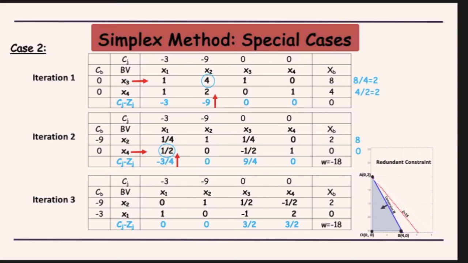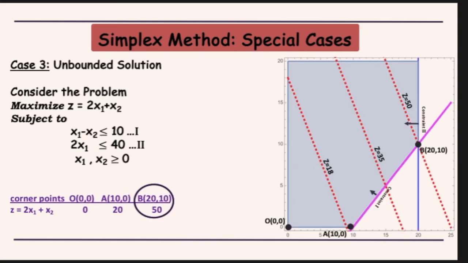Now I'll move on to the third case, which is a case of an unbounded solution. So we'll again first look at it graphically, and then we'll see how to identify it using simplex. So we consider this maximization problem subject to these two constraints. If I plot the graph of this, we can see that this is the feasible region.